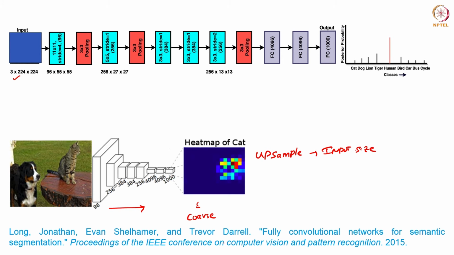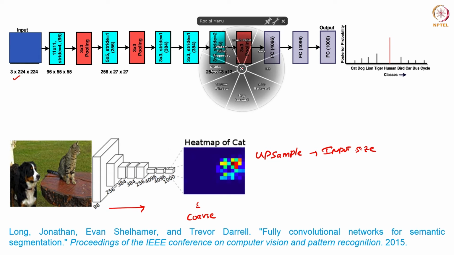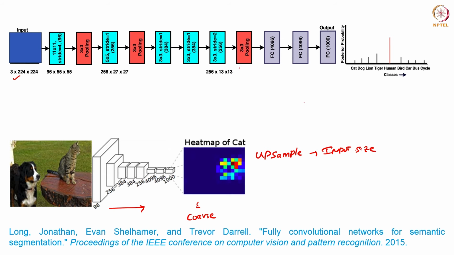So one of the earliest papers to do fully convolutional networks for semantic segmentation, what they did was to pick out feature maps from the intermediate layers and add that to the output. So how is that accomplished? For instance, let's consider the feature maps from this 3x3.